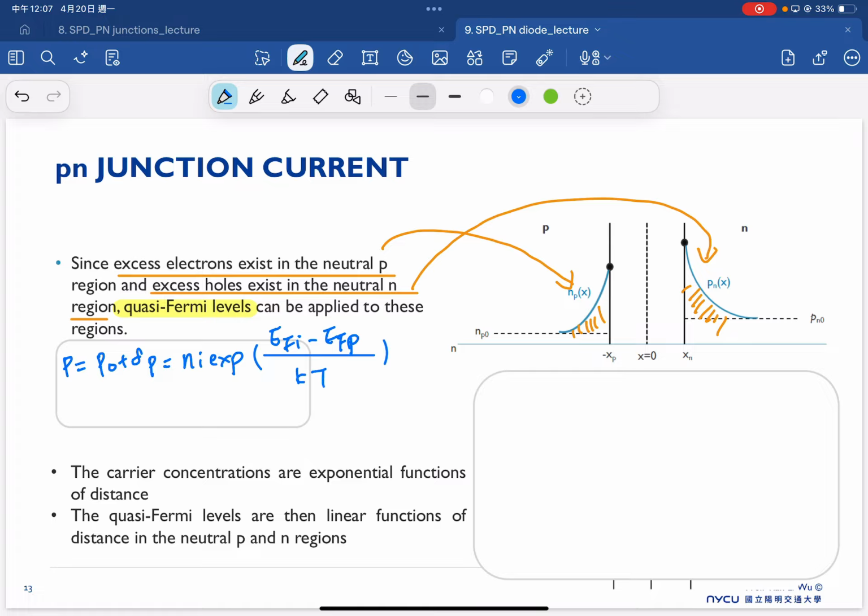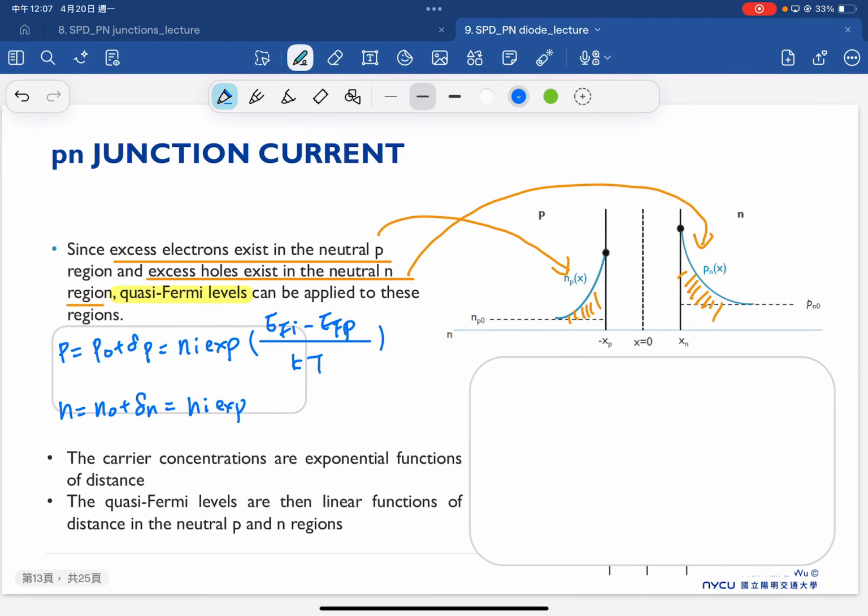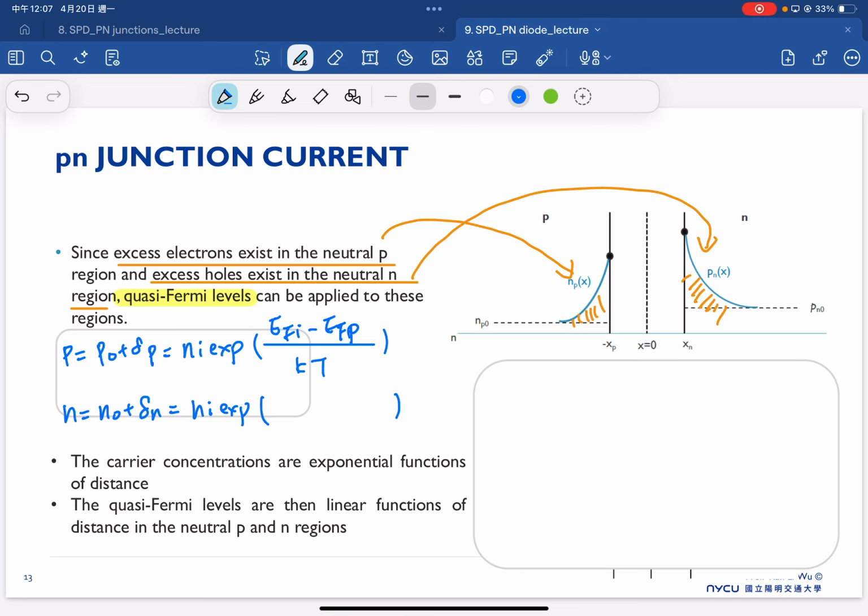And also N is equal to N0 plus delta N, which is equal to Ni exponential (EFn minus EFi) over KT. EFp and EFn are the quasi-Fermi energies.